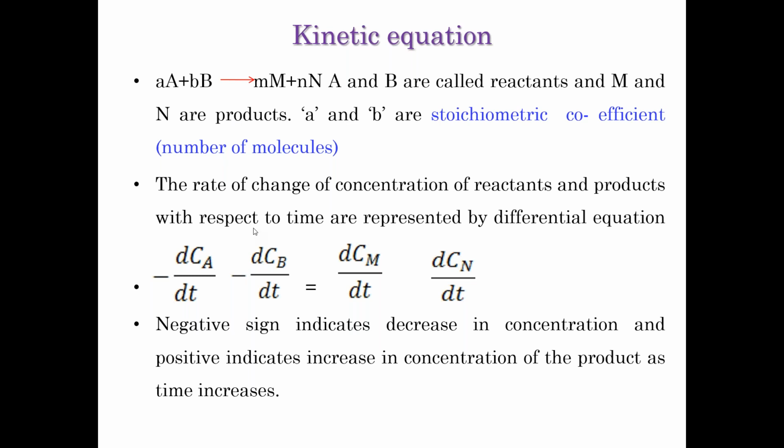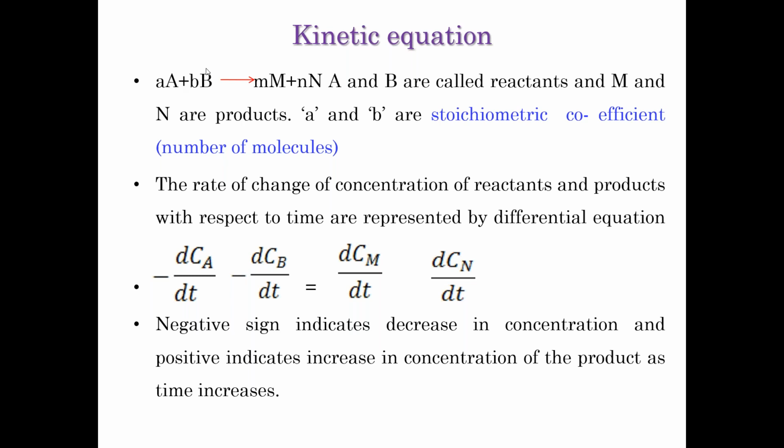Finally, when you write an equation to get an idea about the rate process of this reaction, we need to depend on a basic mathematical concept called differentiation. Any change happening to the reactant A with respect to time, or any change happening to B with respect to time, or M or N. What change is happening in this case?